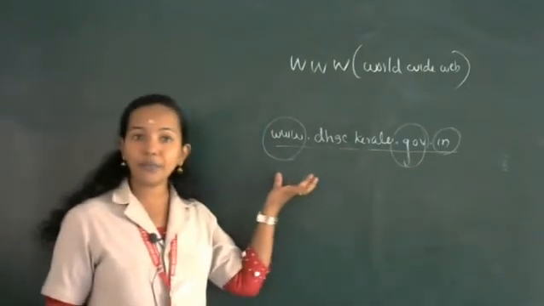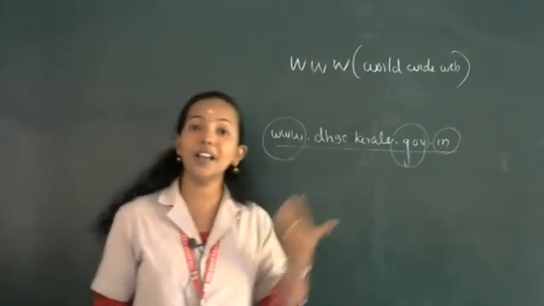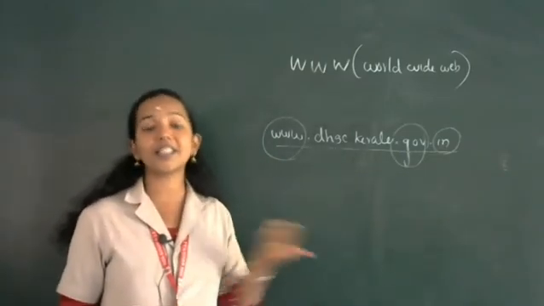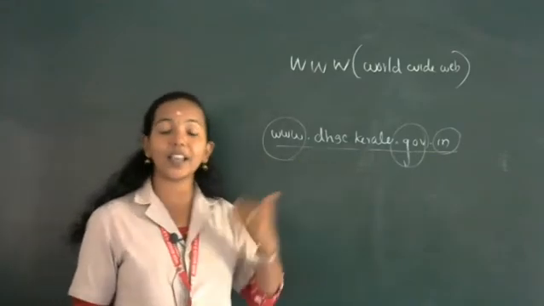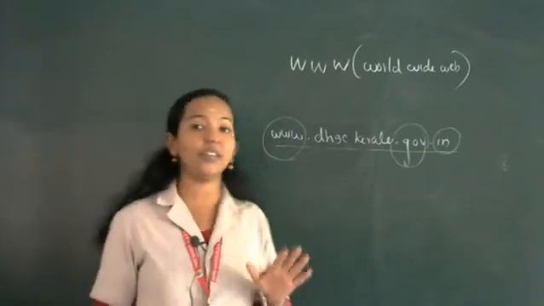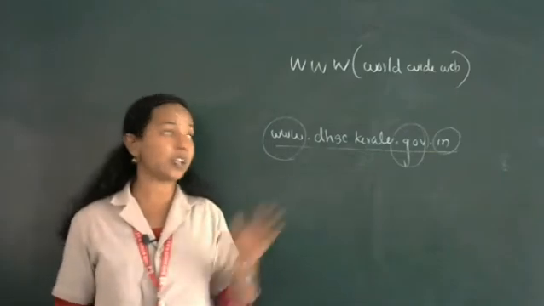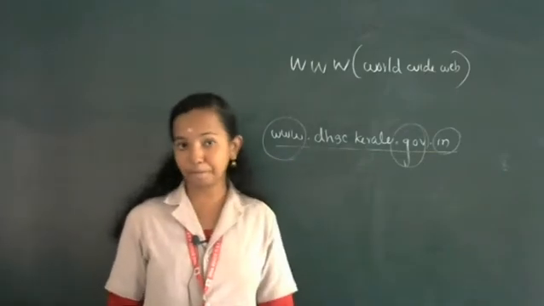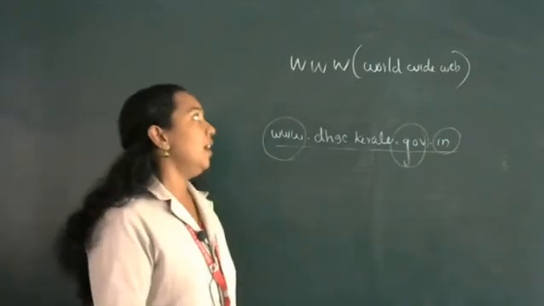In the form of a URL, we send the request to the server computer. If the URL is correct, we get that same web page. If there is any mistake in the URL, we will not get it, but they will list some similar websites related to this name.